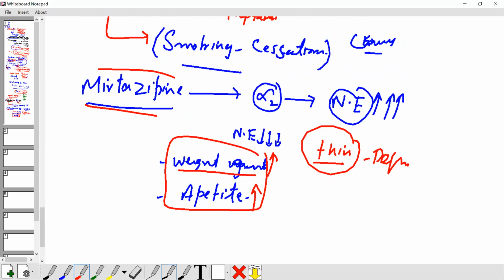Mirtazapine for depression in thin persons, for underweight. If the person's weight is very low and they have depression, we can use mirtazapine. Mirtazapine treats depression, increases appetite, and increases weight. Two extra benefits. Understand? So that's about mirtazapine. Okay, next one.